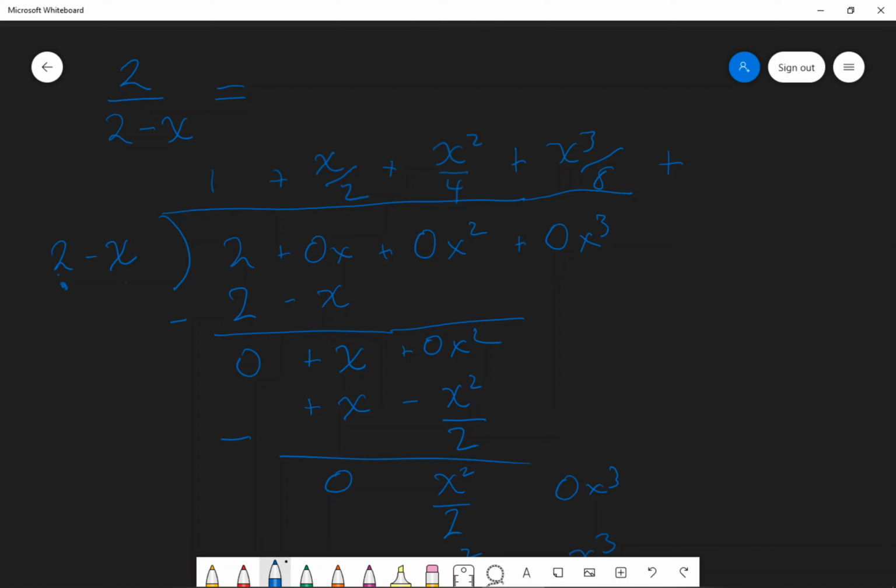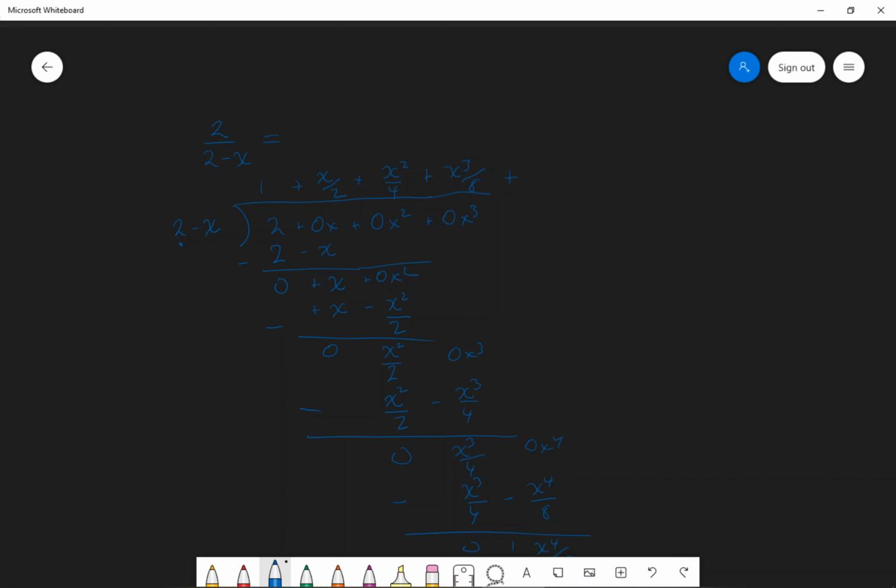So effectively, what you get is that 2 over 2 minus x is equivalent to 1 plus x over 2 plus x squared over 4 plus x to the 3 over 8 plus dot, dot, dot. This function f of x can be approximated, if you keep adding an infinite number of terms, by this polynomial.